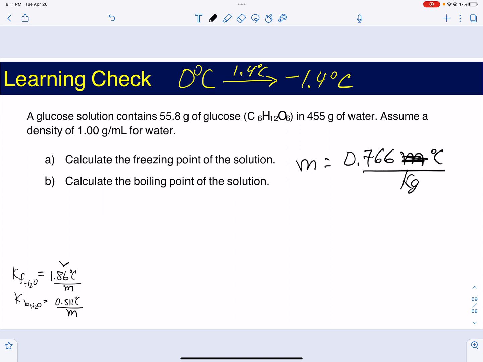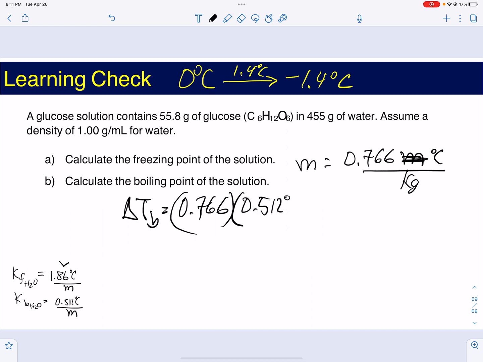And to find the change in temperature for boiling, it's going to be the molality, 0.766, times the constant for the boiling, which is 0.512 degrees Celsius over molality, and we say that these are the molality units.